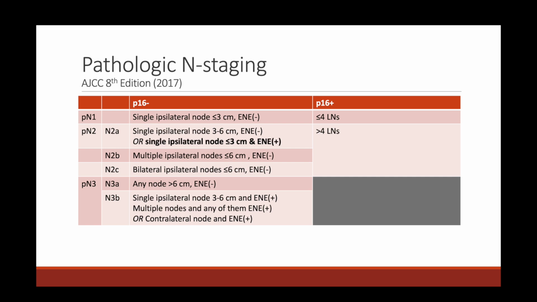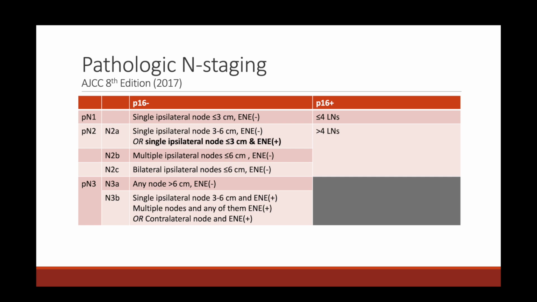The pathologic nodal staging for P16 positive is completely different, and it's solely based on the number of lymph nodes involved. So if there's 4 or fewer lymph nodes involved, it's pathologic N1. If there's 5 or more lymph nodes involved, it's pathologic N2. So the clinical versus pathologic staging for P16 positive are completely different, and with the clinical nodal staging for P16 positive, we really don't care how many nodes are involved.